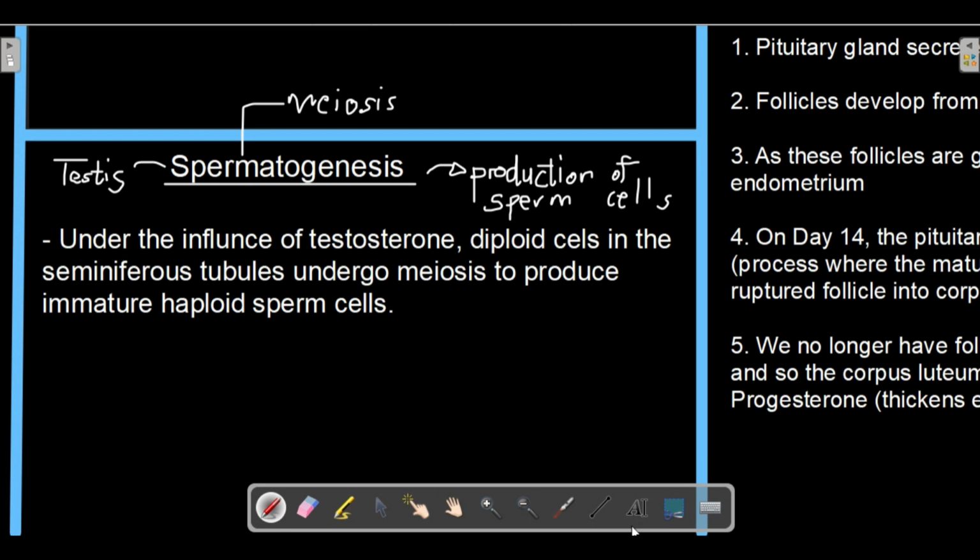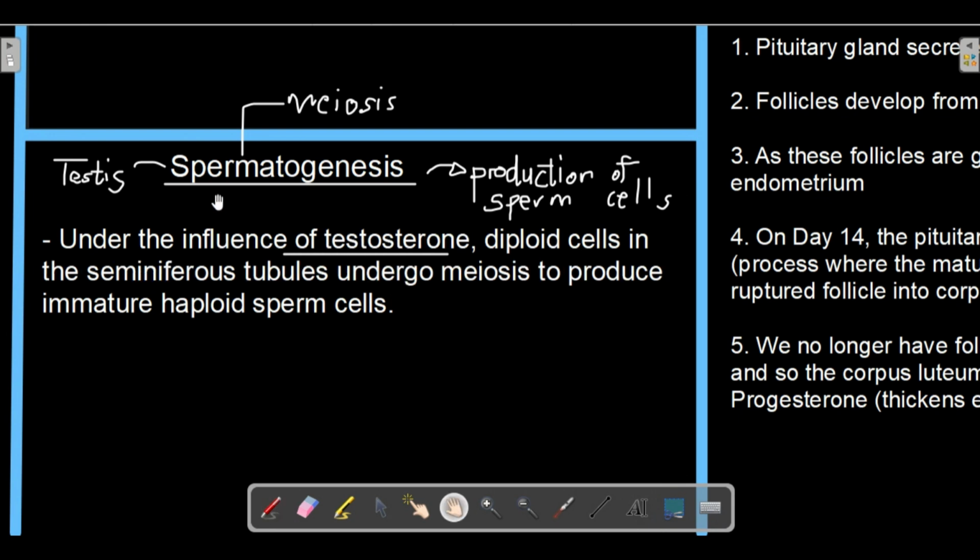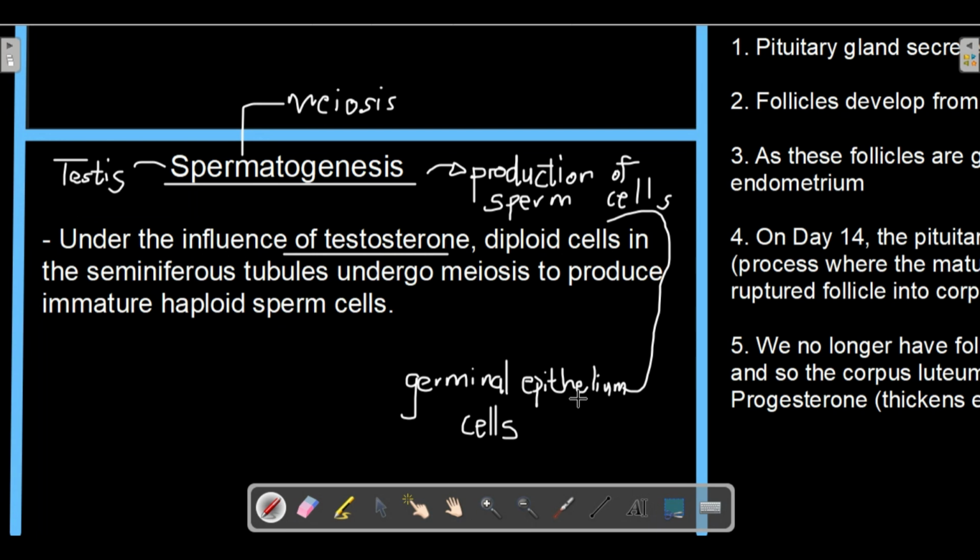Well, under the influence of testosterone, the hormone that is produced by the testes, we discussed that. So we're saying that under the influence of testosterone, diploid cells, which we call germinal epithelium cells, which are located in these structures inside the testes, structures which we call seminiferous tubules, they undergo meiosis to produce immature haploid sperm cells.